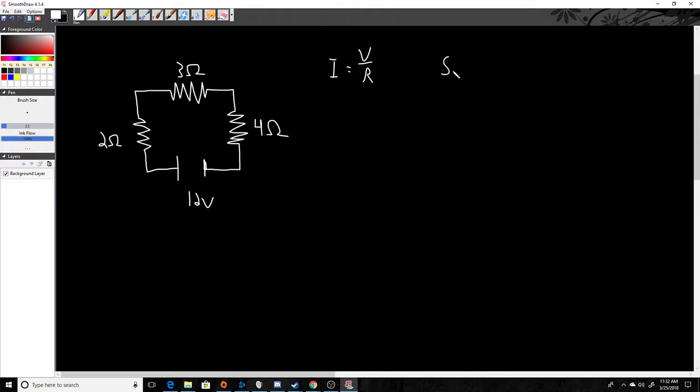For series circuits, the current is the same for all resistors, for all R's. The current is the same for all of them.